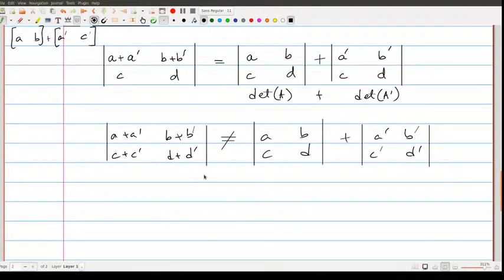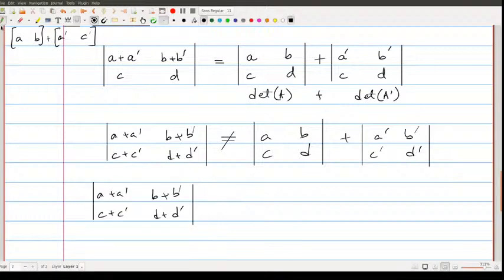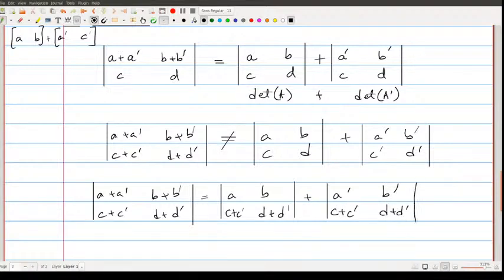If I want the correct property, I have to do it individually row by row, right? So I have A, B, and leave the first row intact, C plus C prime, D plus D prime, and then I have A prime, B prime, and then again the second row C plus C prime, D plus D prime, something like that.